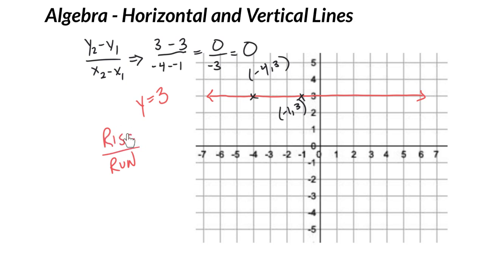So the rise is 0, and the run is just, however far apart the points are that you happen to pick. In my case, they were 3 units apart, but the rise was 0. So again, any horizontal line will have an equation of y equals, and then whatever the y will always be equal to, and the slope of any horizontal line will be 0.